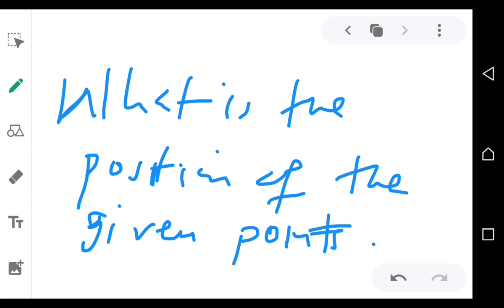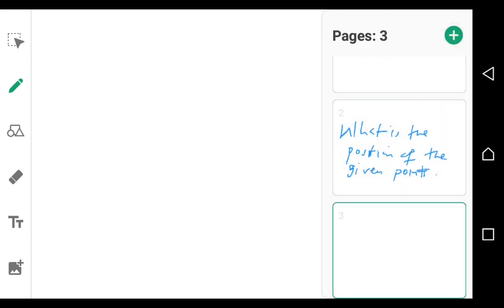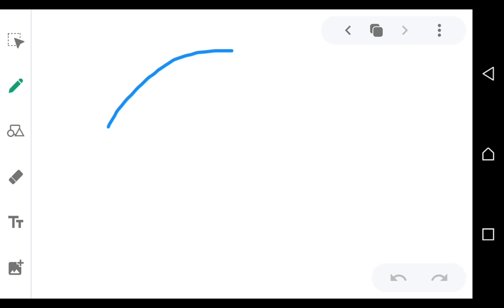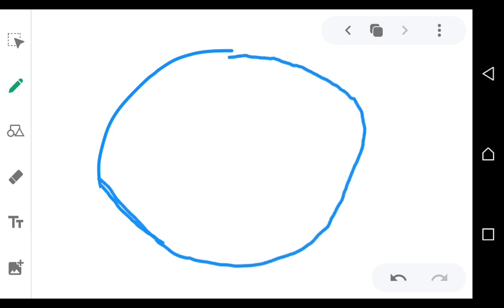Okay. So for example, the diagram comes, it's written like this.